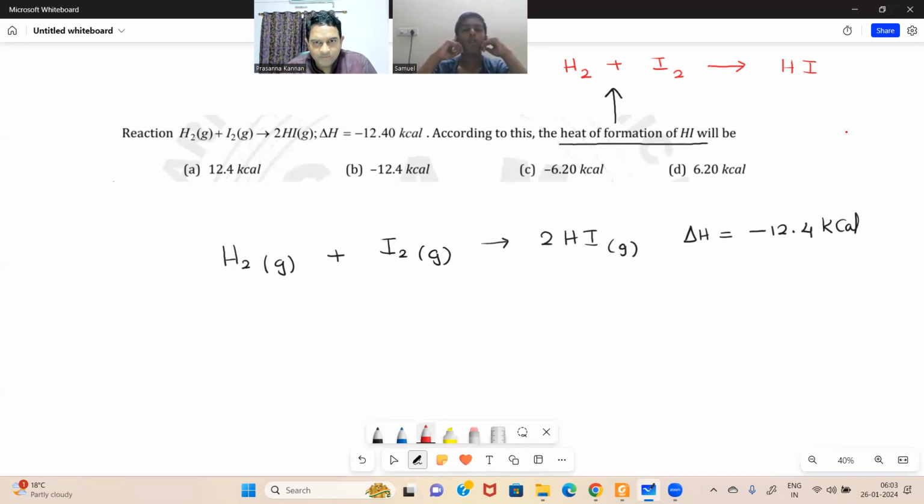The heat change involved in formation of 1 mole of HI from its constituent elements, hydrogen and iodine. Slow down and repeat.